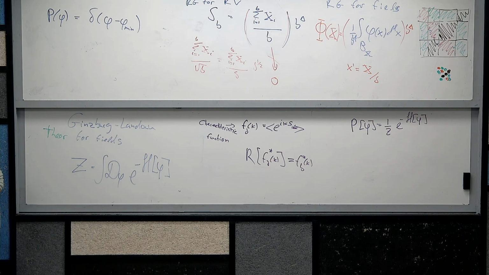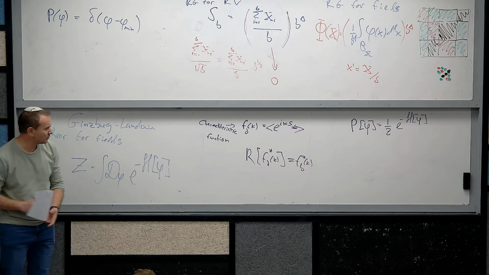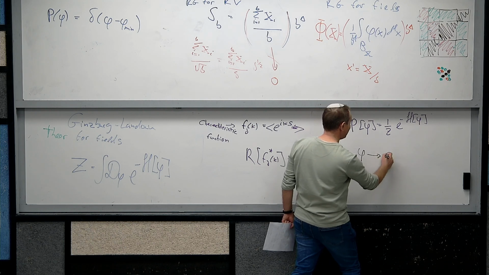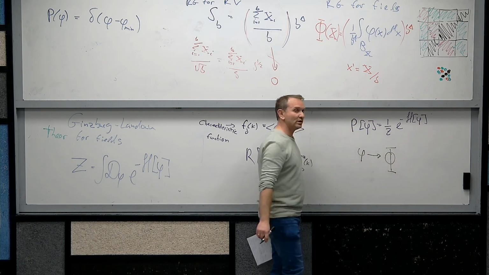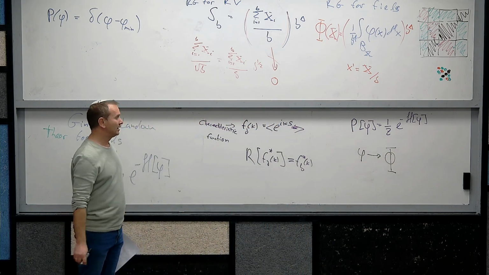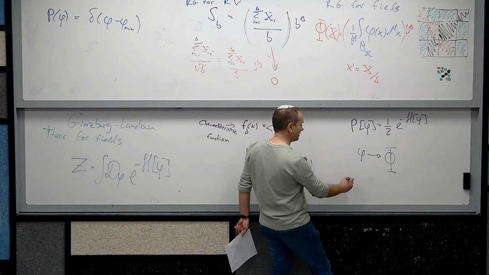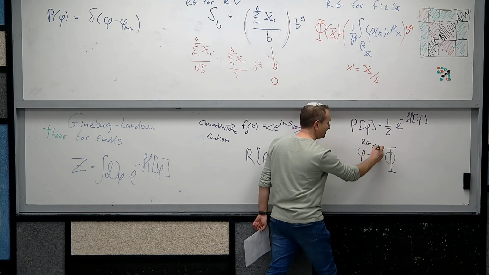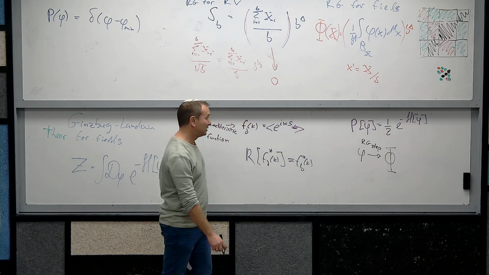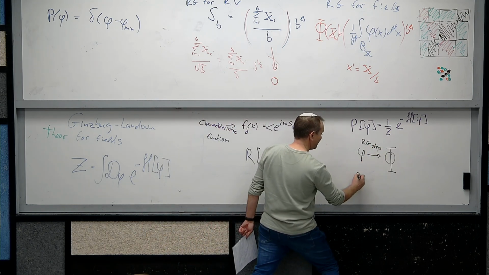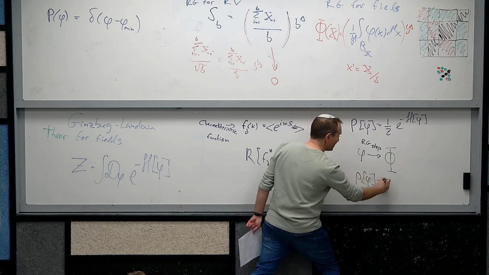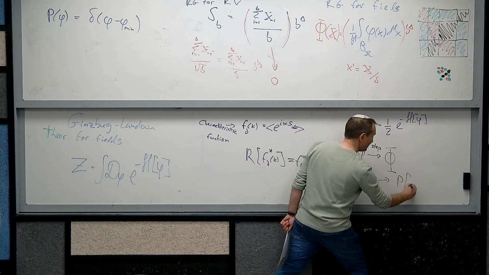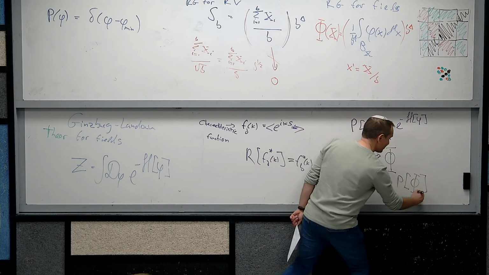A transformation from phi to large Phi. And the idea is that after we do this transformation, this is an RG step. After we complete this RG step, we know that P of phi should somehow transform to probability of large Phi.